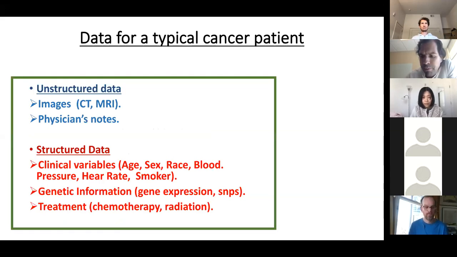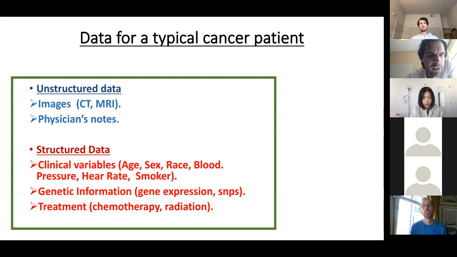I took an example from my own department, and this is what a complex data set for cancer patients looks like. They are comprised of unstructured data, images like CTs and MRIs.